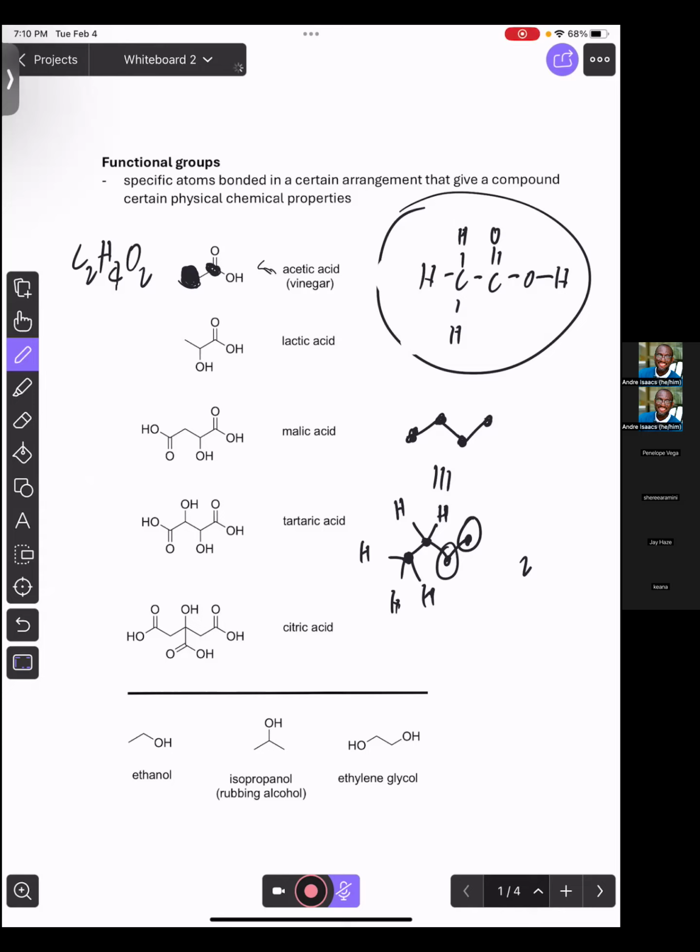Now, one last rule. If a hydrogen is attached to a non-carbon atom, you have to write it. The only hydrogens we do not write are hydrogens that are connected to carbons. So this is why this O has an H written, because hydrogens attached to non-carbon atoms are written out. Does that make sense to everyone? Any questions?